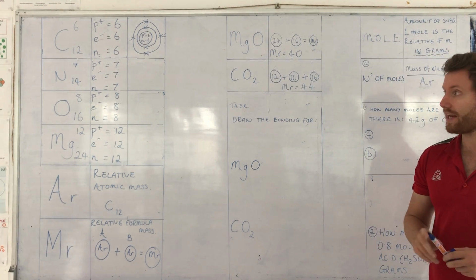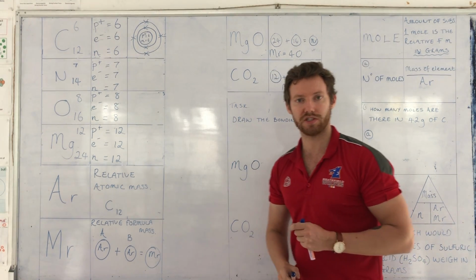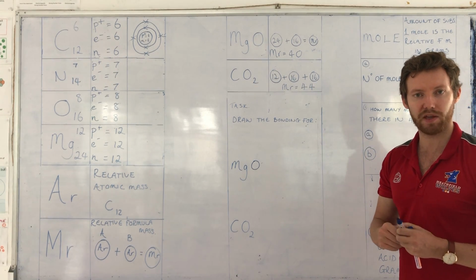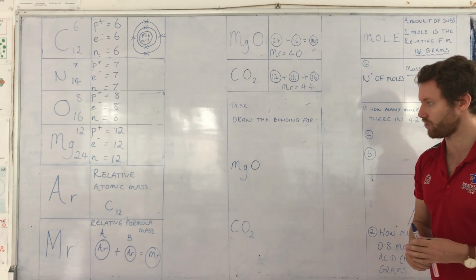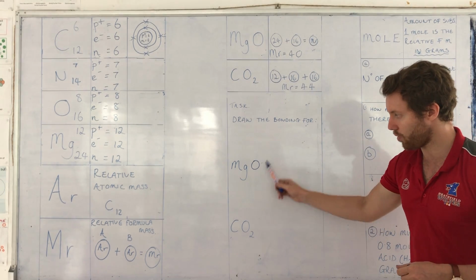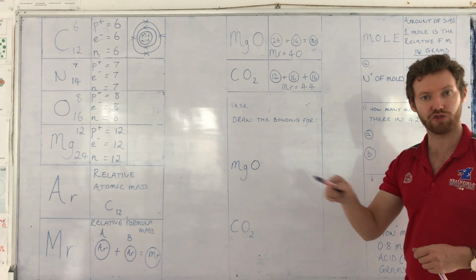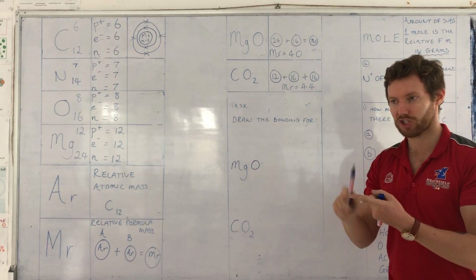Okay, so your next task, a bit of a recap. First task, you should have your atomic structures done now. Your second task, I would like you to reflect on this topic of bonding. We can see how everything is joined together in chemistry now. Draw out the bonding for magnesium oxide. You'll have to draw your atomic structure. You'll have to see what is taking place. Are we sharing?